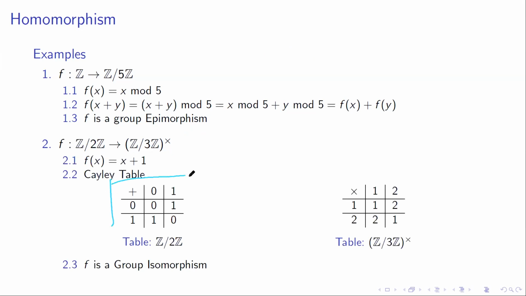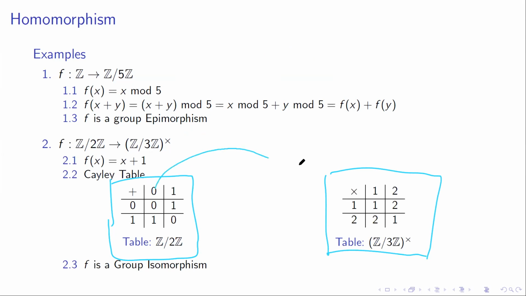We can see that the Cayley table for integers modulo 2 is this, and the Cayley table for integers modulo 3 under multiplication is this, and just map the elements one by one and see that it's actually just x plus 1, right? So this is a group isomorphism. You can just change 1 to 0, 2 to 1, and this will become the same thing. This is a group isomorphism. Yeah, any questions?